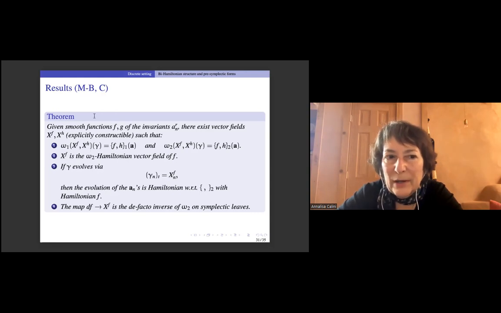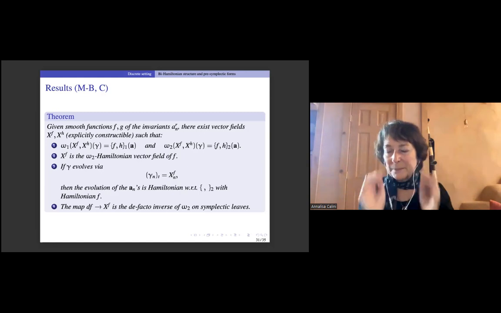If you do the same with two smooth functions, you can show that this pre-symplectic structure evaluated at these corresponding vector fields are exactly the corresponding Poisson structures of the two Hamiltonians. And moreover, the map that takes the differential of F to your XF, even if you don't have symplectic structure, is in practice the inverse with respect to the second symplectic structure on symplectic leaves.